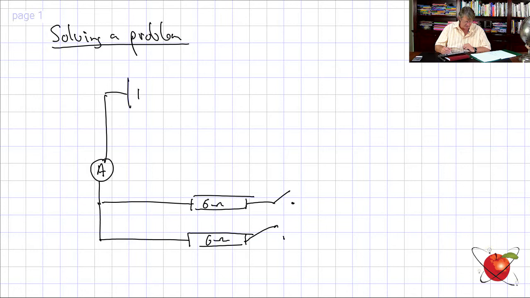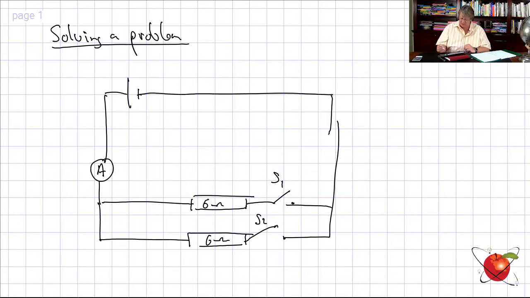I called those S1 and S2, and we went back up like so. Now let us say that here we have an EMF of 12 volts. If both switches are open, no current is going to flow. We know that. But if I put a voltmeter across there, I will read 12.